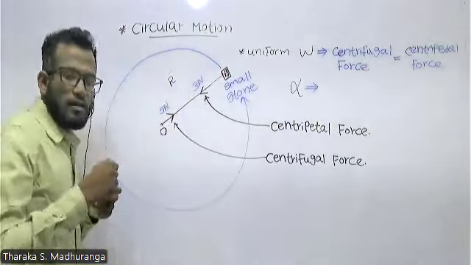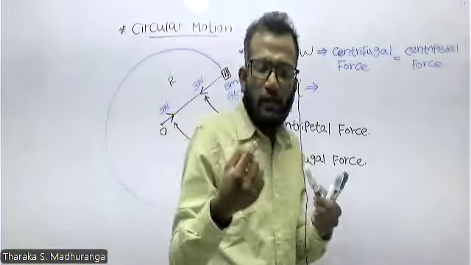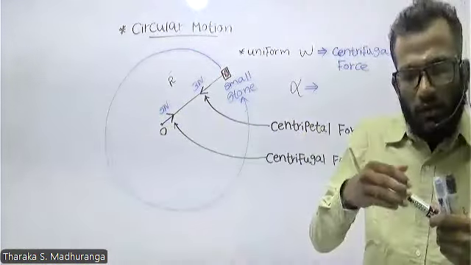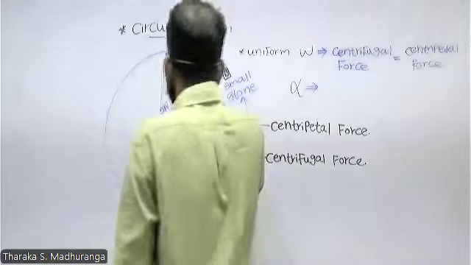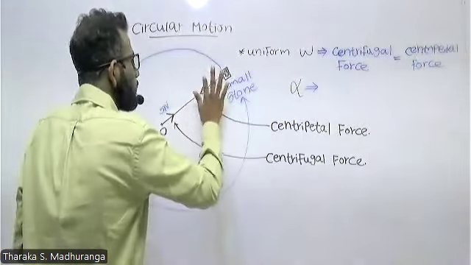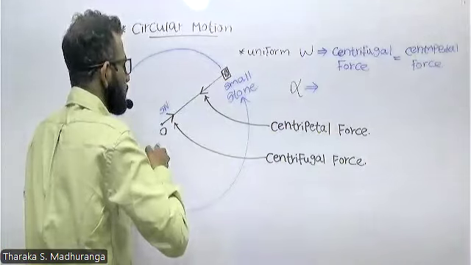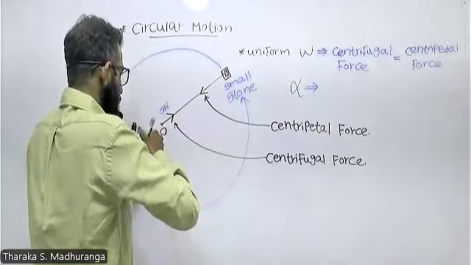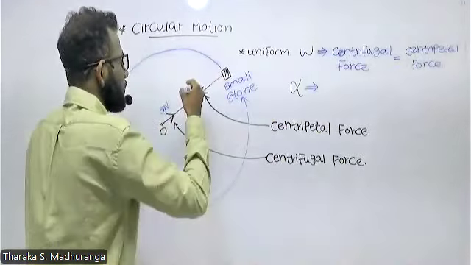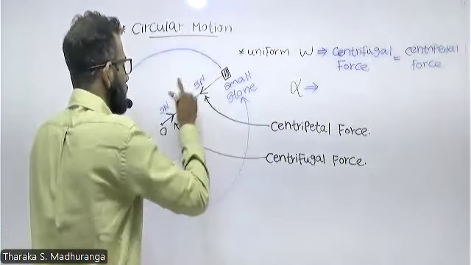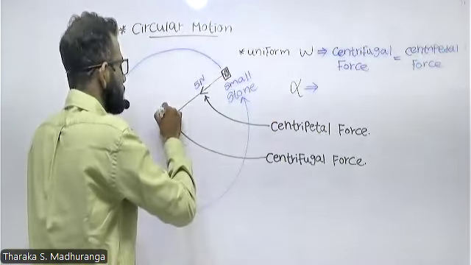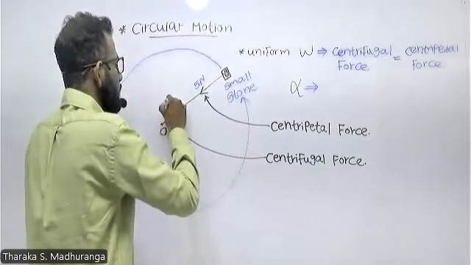Actually, when there is angular acceleration, the resultant force does not act to the outside. Think, the centripetal force is the higher one, 5 Newton, and the centrifugal force is 3 Newton.